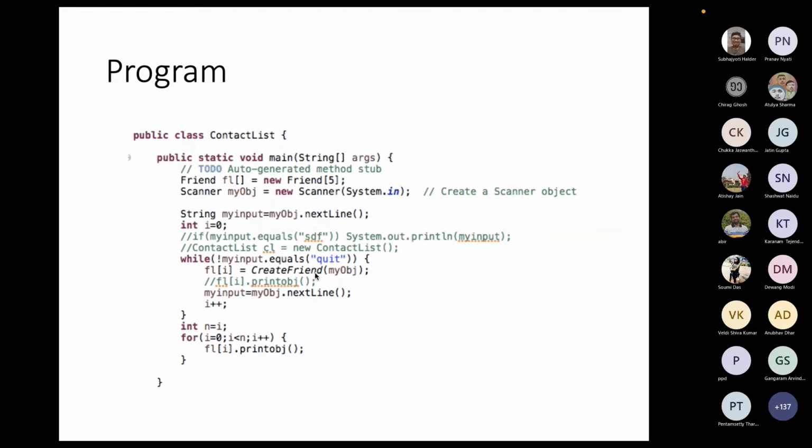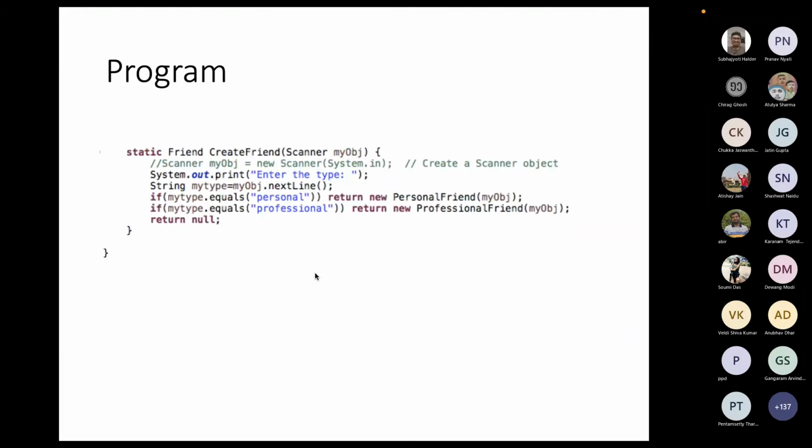Does it make a difference by putting or not putting public? Like for the main you put public static void. If I don't put public, by default it is private. Sorry, in Java I think by default it is package-private, so that is fine.